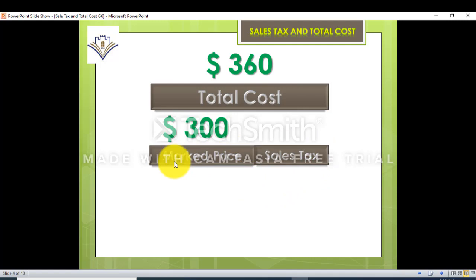Yes, I told you before that the sum of the market price and the sales tax equals the total. The difference between total cost and the market price will give us the sales tax. Then 360 minus 300 equals $60.